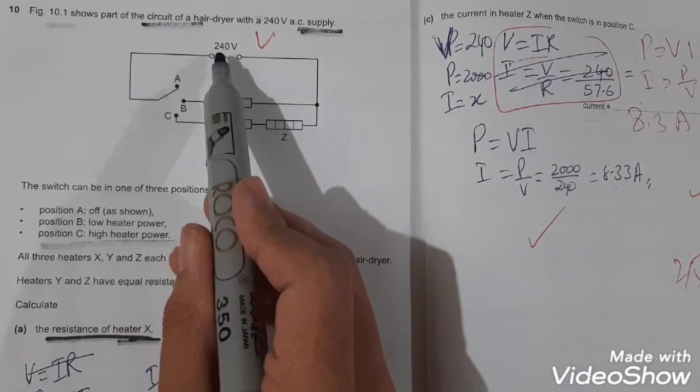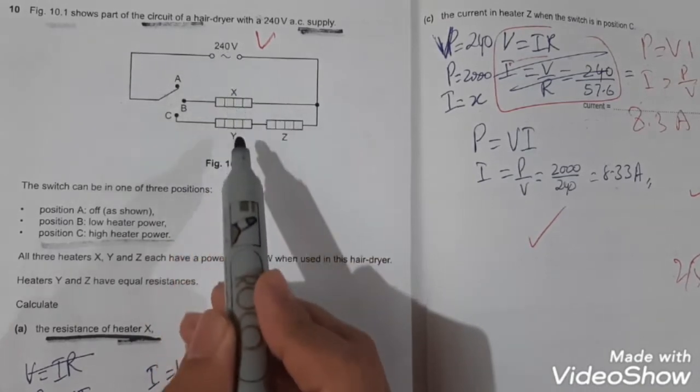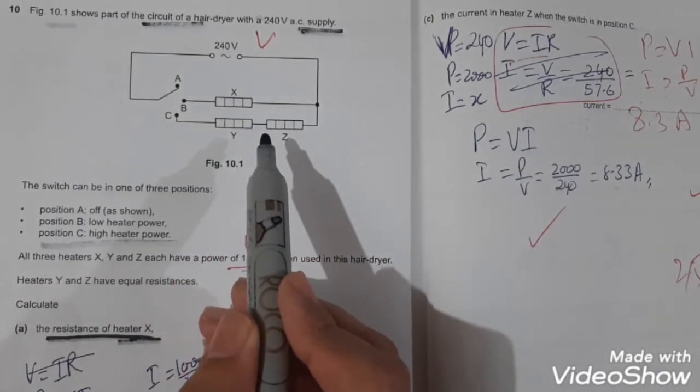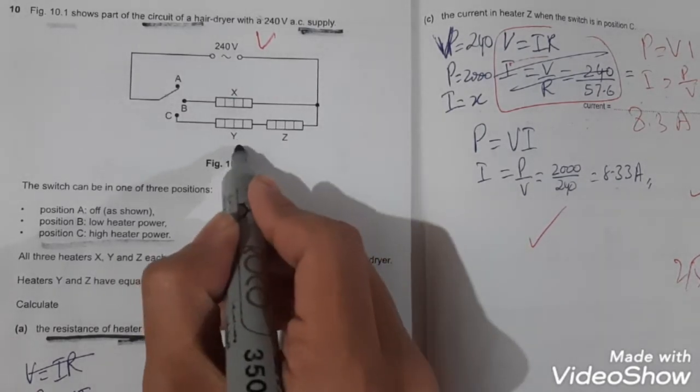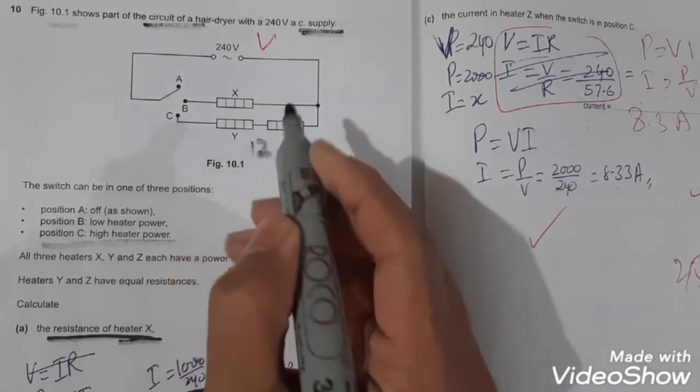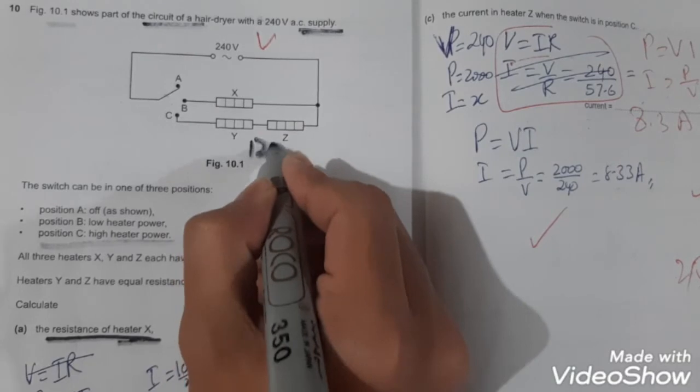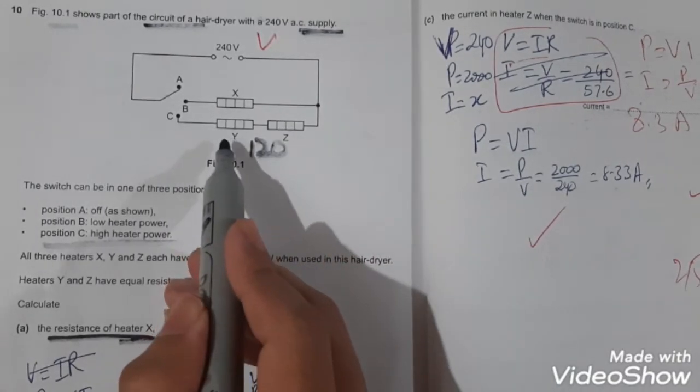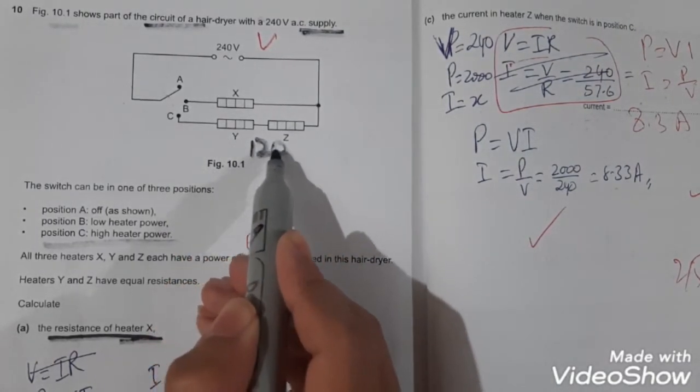So if the total voltage is 240 volts, we divide 240 by 2, which is 120 for each. For Y 120 volts and for Z 120 volts.